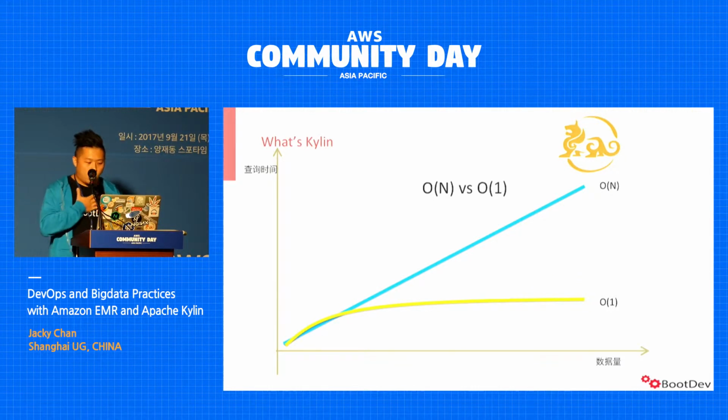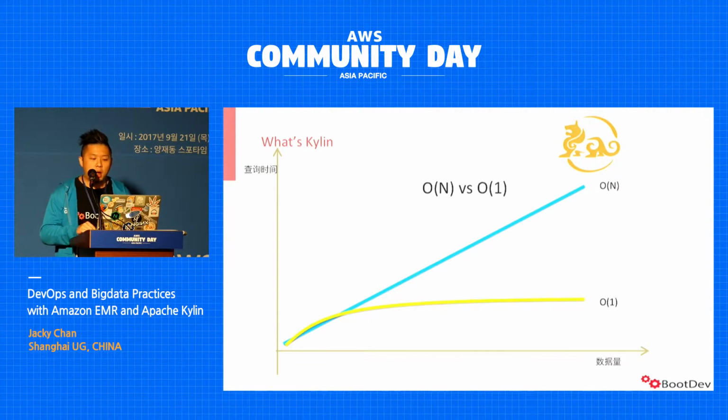Okay, so what is OLAP? The processing time is settled by pre-processing of data. A normal query, we call it OLTP, which is the reverse of OLAP.